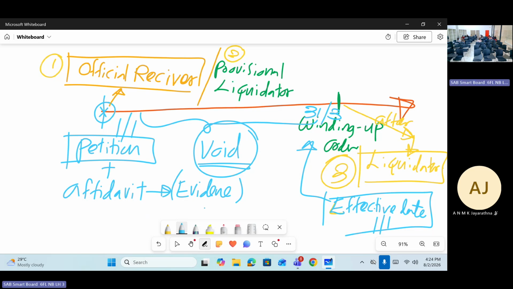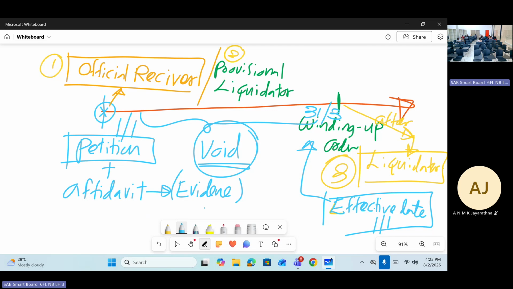So this is the next point. The petition is filed along with an affidavit, then after some time the winding up order is given, and the effective date is treated as the date of filing of the petition. Therefore, during this period, all the transactions are treated as void. When the petition is filed, the official receiver will be appointed by virtue of his office as the provisional liquidator until the winding up order, in order to monitor the affairs of the company.